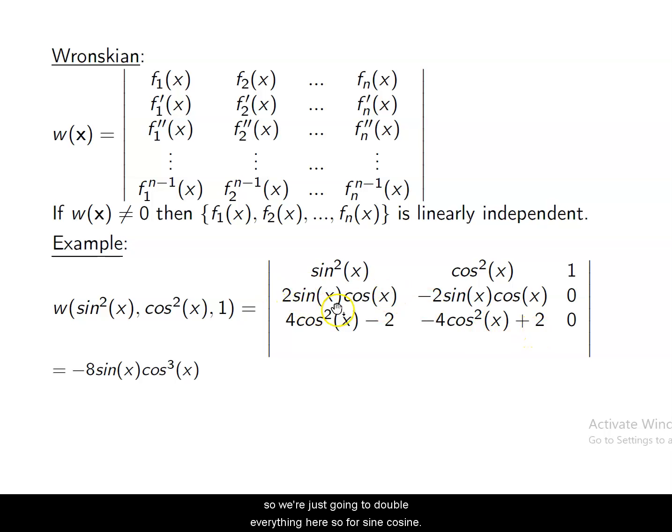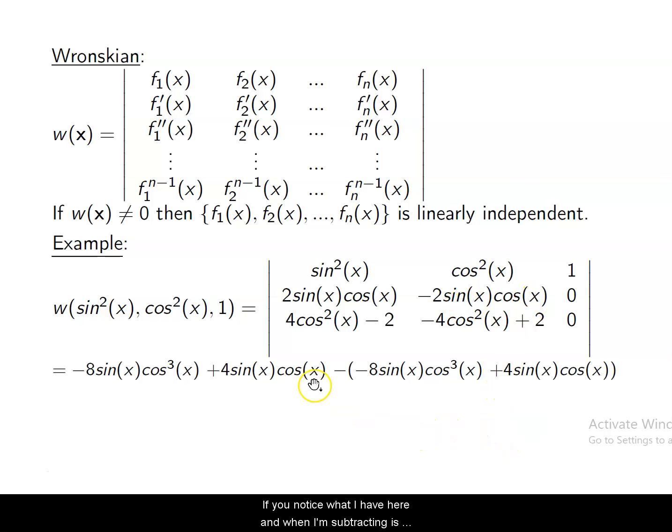So we're just going to double everything here. So 4 sine cosine. And then I'm going to subtract from that the same thing here, right? So I'm going to multiply this times here. So subtract a negative 8 sine cosine cubed, right? So minus this. And I'll also be subtracting this positive 4 sine x cosine, all right? And if you notice, what I have here and what I'm subtracting is identical.